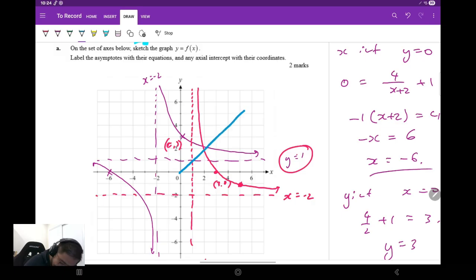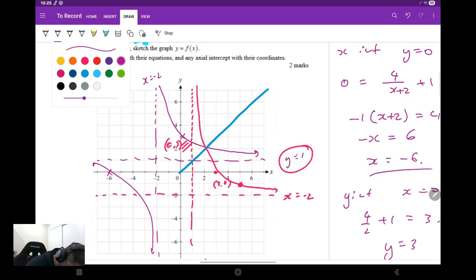It's the line y equals x. Sorry, this pink line should really stick there. Okay, so we're asked to find the area that's bound. From what I understand, this part, we'll use yellow, this part here.